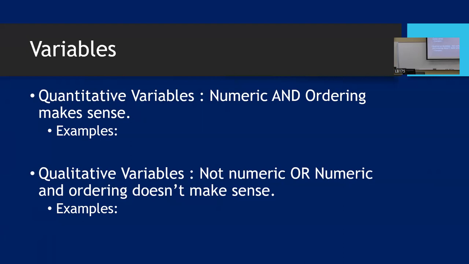Just because something is assigned a number doesn't necessarily mean ordering makes sense. So for instance, if I was doing hair color, I could assign the number 1 to brown hair, the number 2 to blonde hair, the number 3 to red hair, the number 4 to black hair, right?